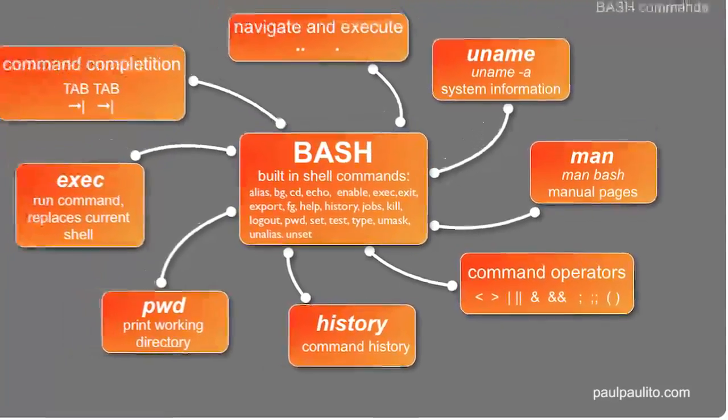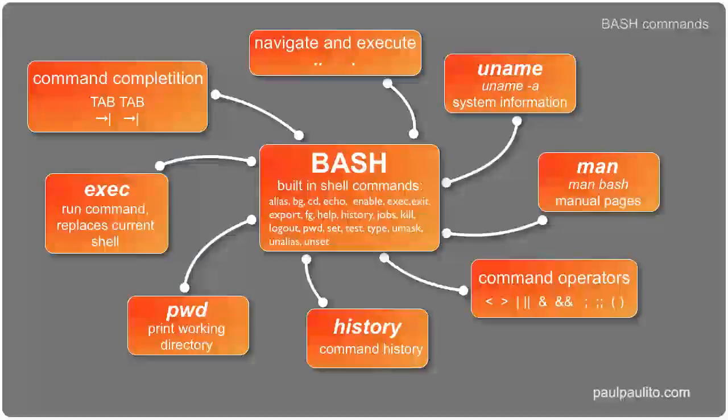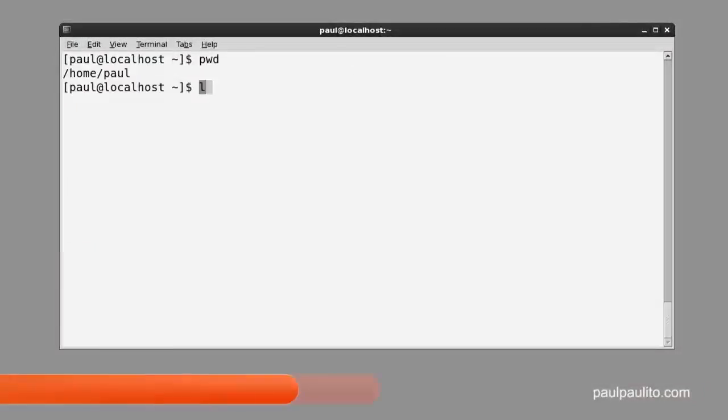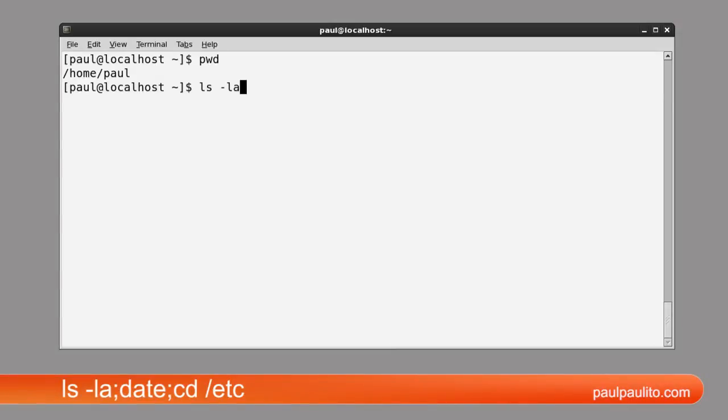Some of these control operators allow you to create sequences or lists of various commands. A simple command sequence, for example, is just 2 or 3 commands separated by a semicolon, where each command is executed in sequence.